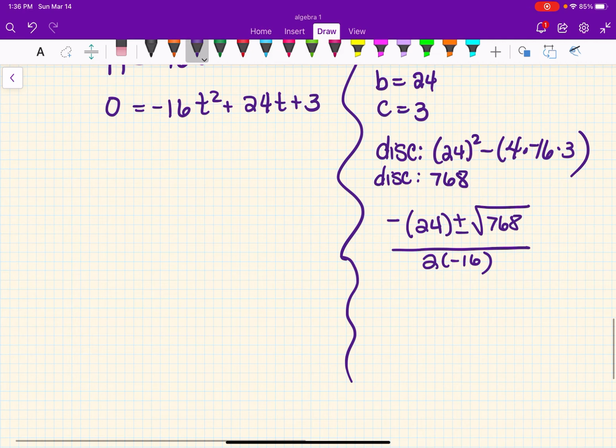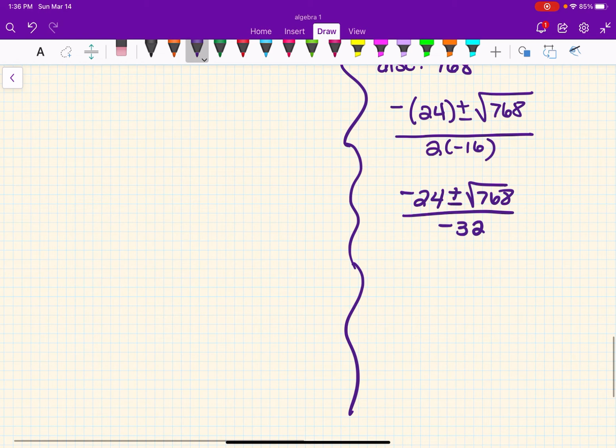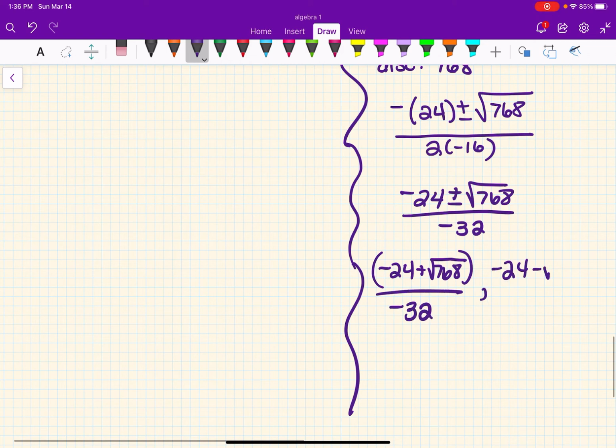Okay, so now let's simplify. Negative 24 plus or minus the square root of 768 over negative 32. Now I'm going to get my calculator again, and I'm going to do negative 24 plus the square root of 768, in parentheses, divided by negative 32. And then I'm going to do negative 24 minus the square root of 768 over negative 32, and the top needs to be in parentheses.